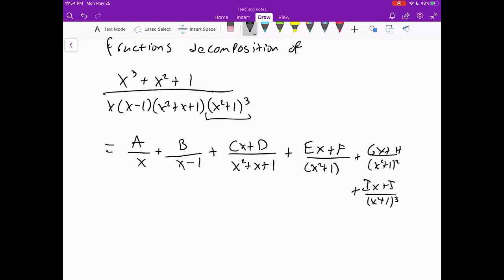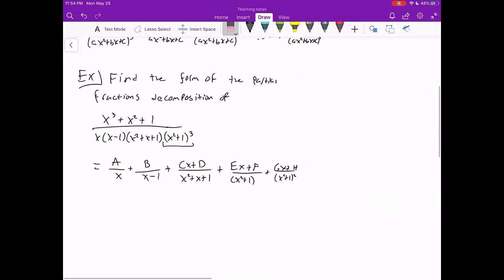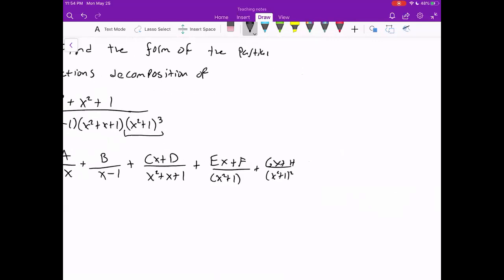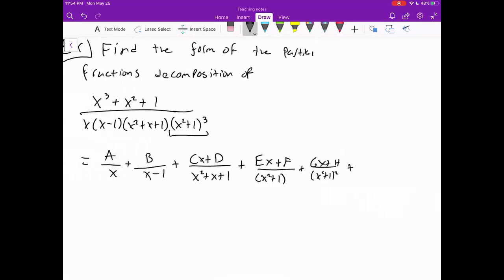I'll make this a little larger so I can include that term. So that will be the form of our partial fractions. That's all this problem is, so I'm going to leave it at that.